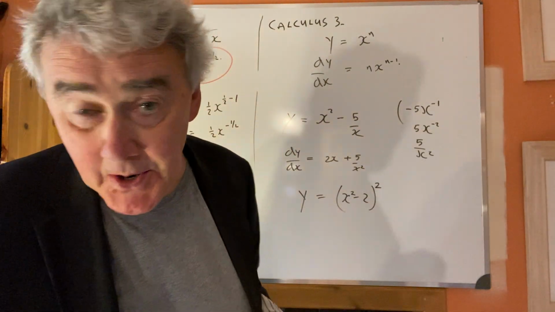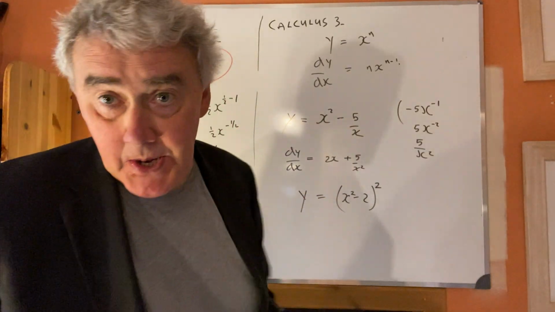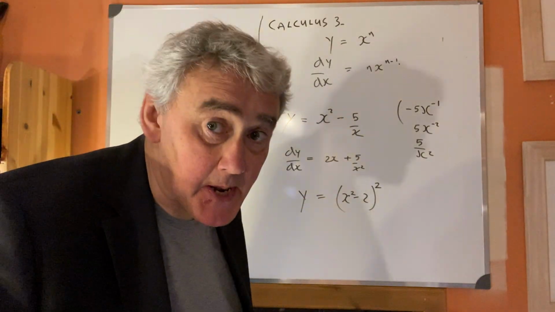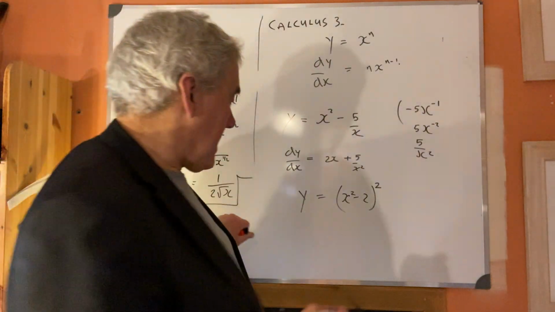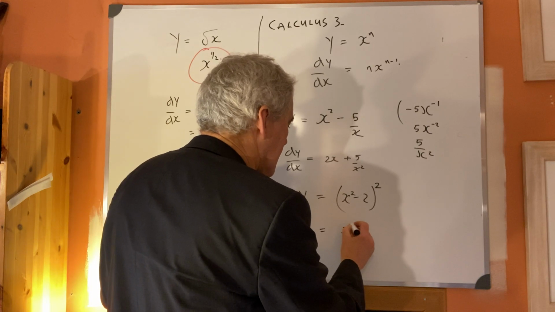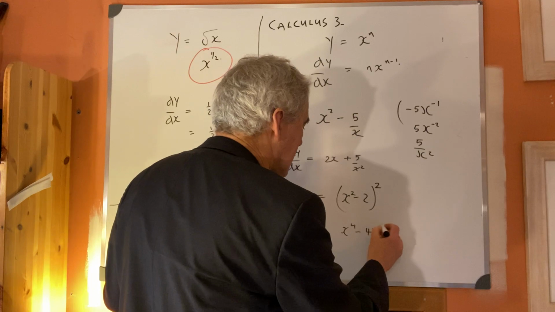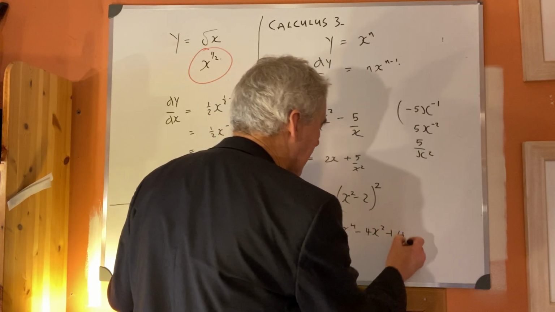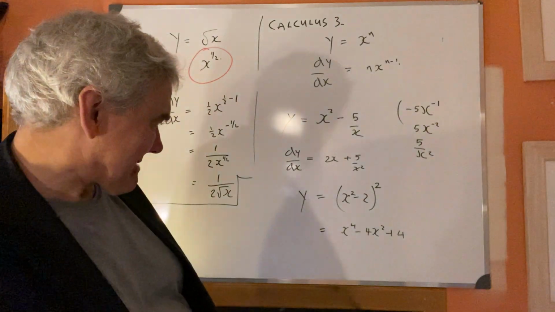I'm going to multiply that out. As I look at it, I can't differentiate it as it is, right? But I can multiply it out, so we will get x to the 4 minus 4x squared plus 4. Yeah? That's correct, isn't it?